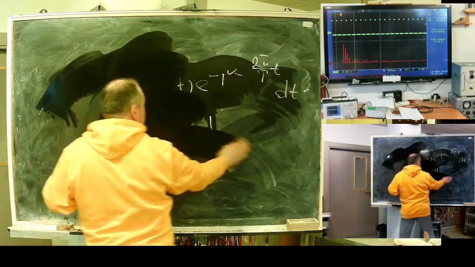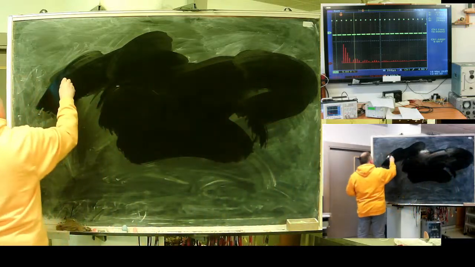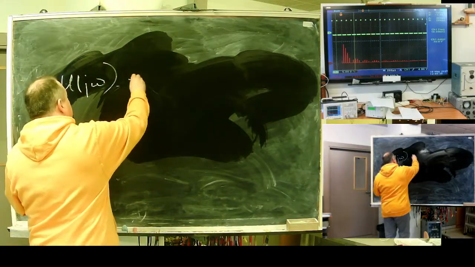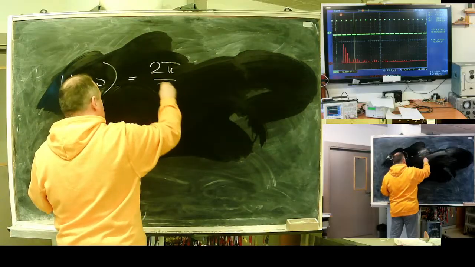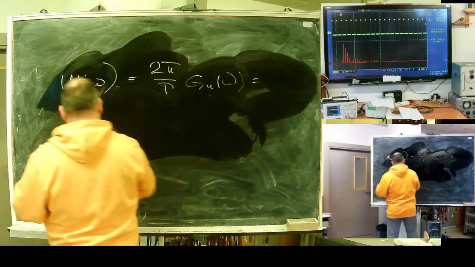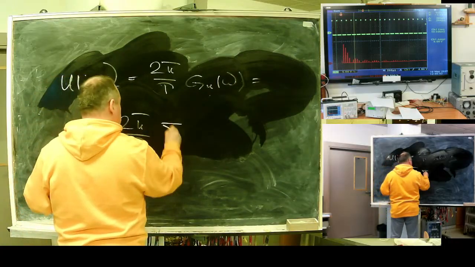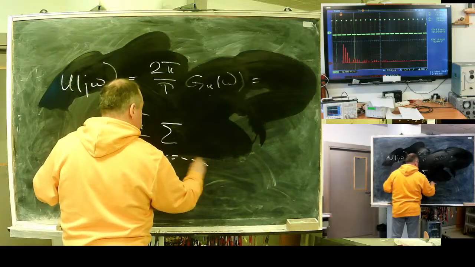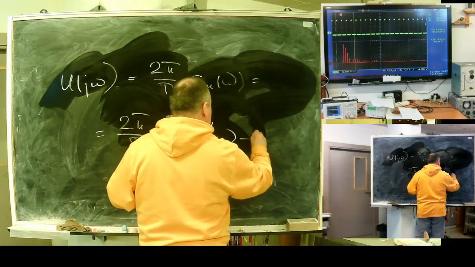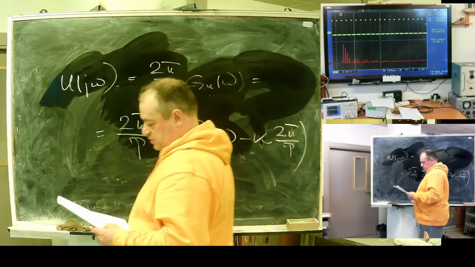Meaning that in frequency space, our signal can be written again through its spectral function, and it will be 2π divided by the repetition period times the sum from minus infinity to infinity of delta function at frequencies omega minus k 2π divided by the repetition period.